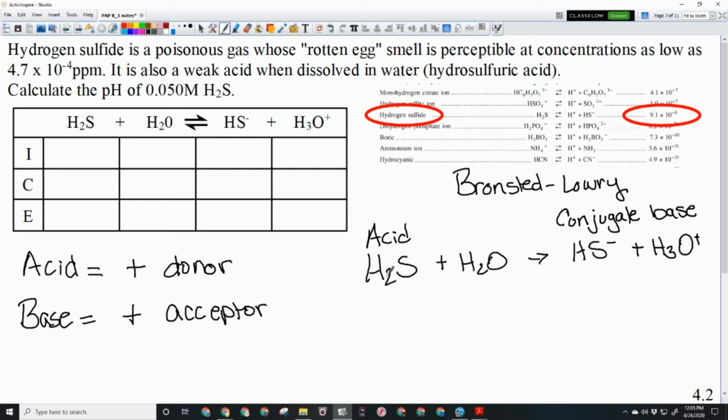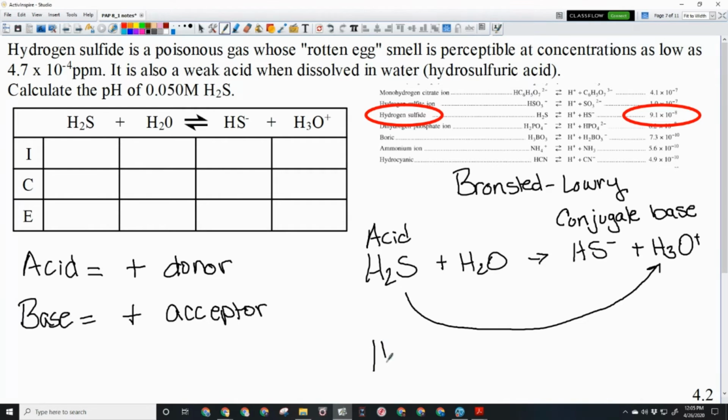It was H2S, and it becomes HS minus. It lost its proton here. This is called the conjugate base of this acid. So it's this acid without a hydrogen. It used to be H2S, now it's just HS minus. Now this can go backwards too.